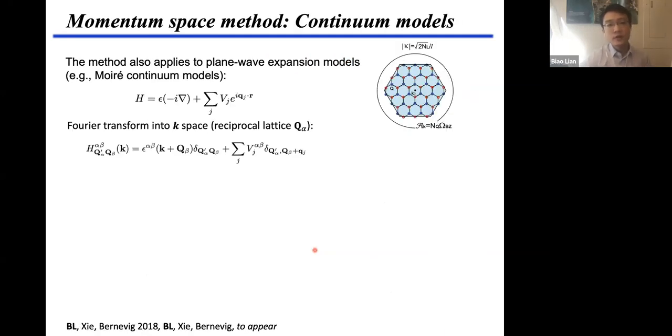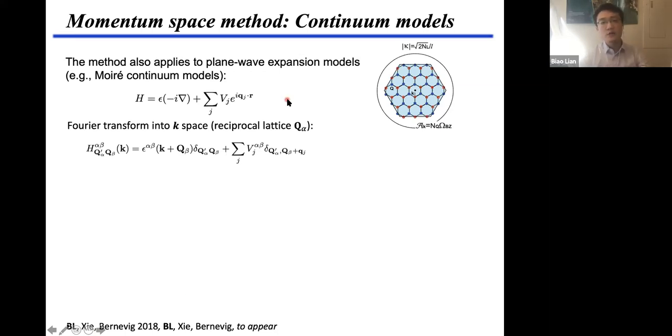Okay, so the method also applies to another large class of models, which we call the continuum models or the plane wave expansion models. And this is actually the first place we applied this method. We applied it to the twisted graphene continuum model.